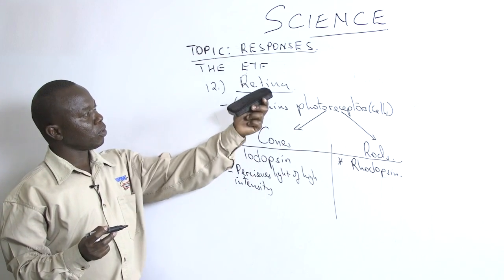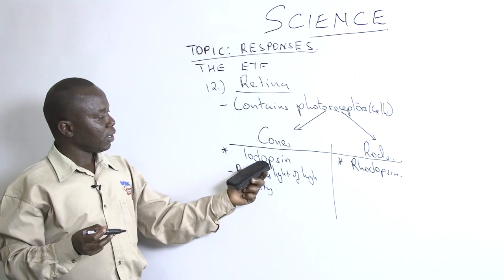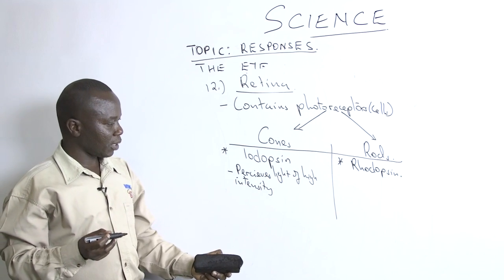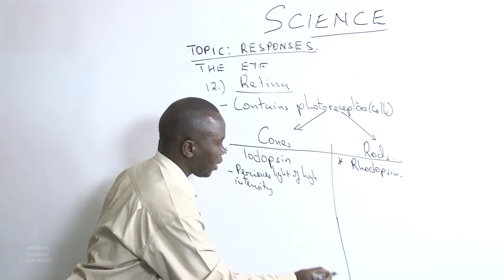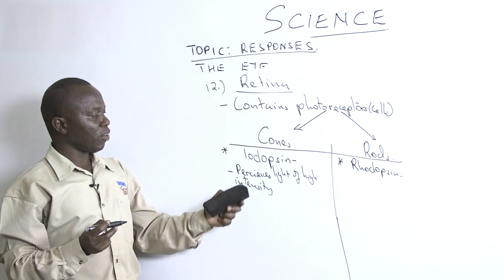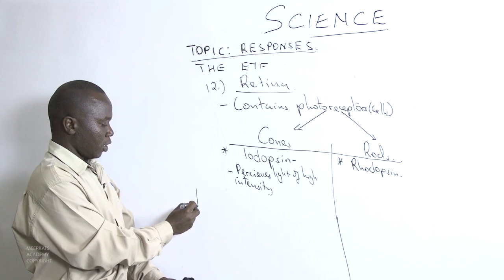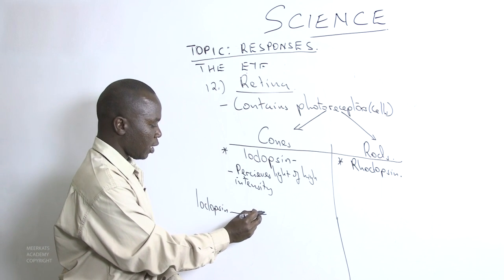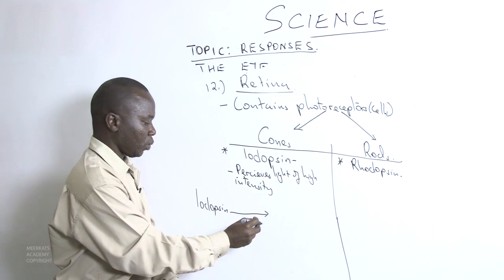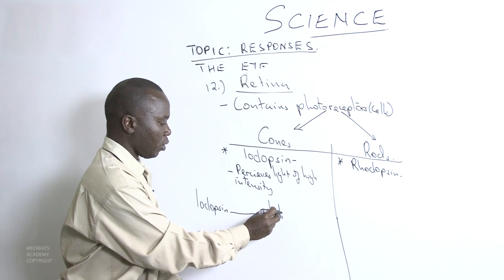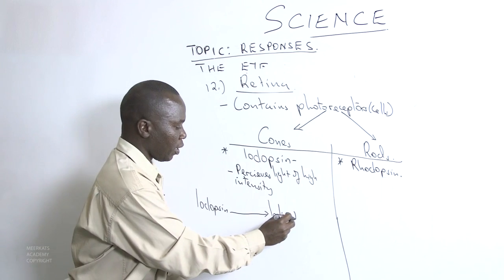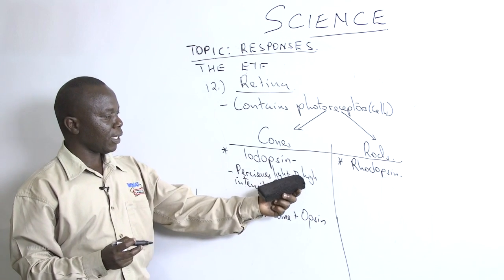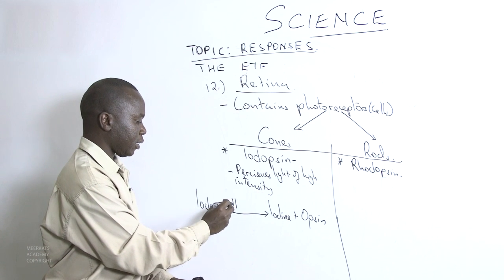When light falls onto the retina and there is a lot of light, it is the cones that will be stimulated, and the specific pigment involved is iodopsin. Iodopsin will degenerate into two substances, iodine and another substance called opsin, when there is high light intensity.